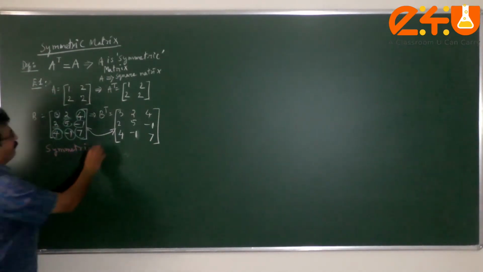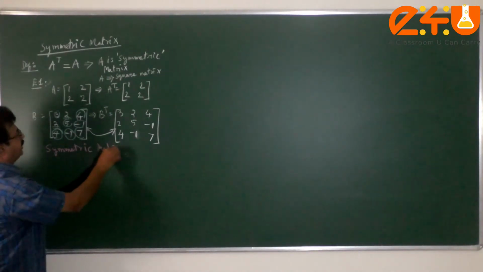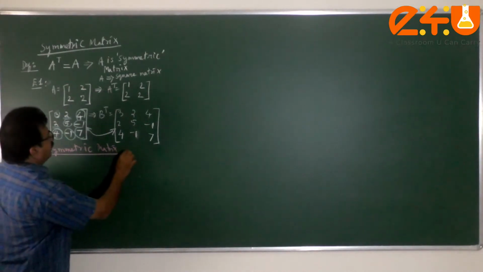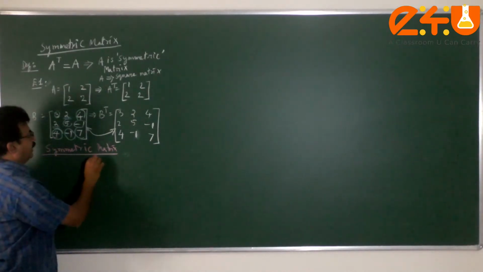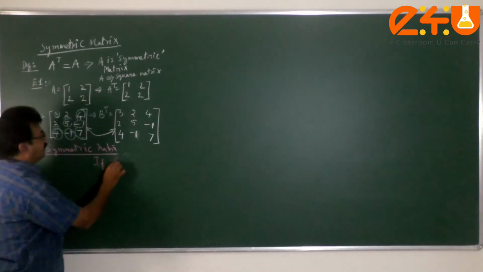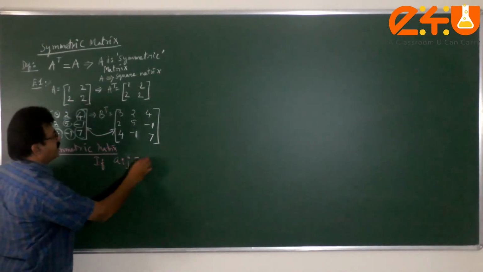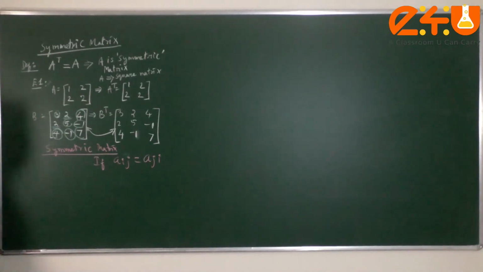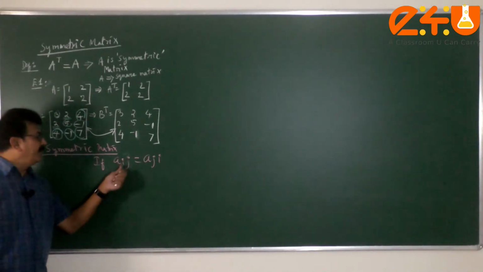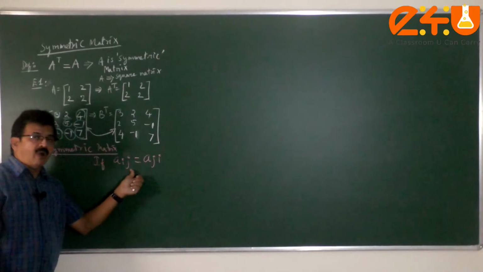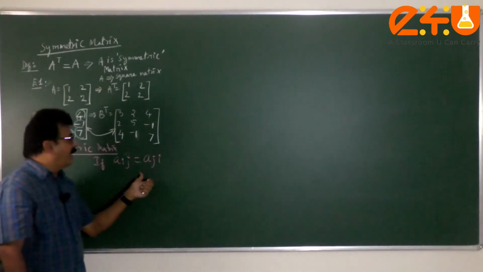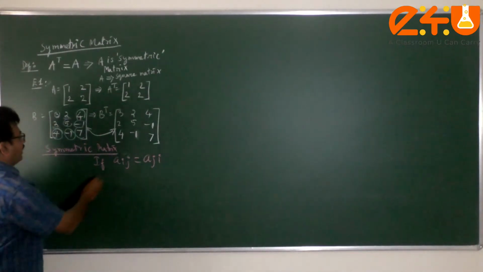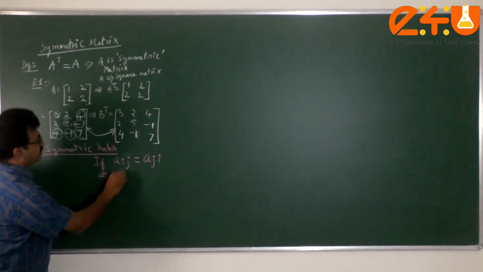The symmetric matrix can also be defined like this. If Aij is the same as Aji, that is, the element in the ith row jth column is the same as the jth row ith column, then such a matrix is symmetric.